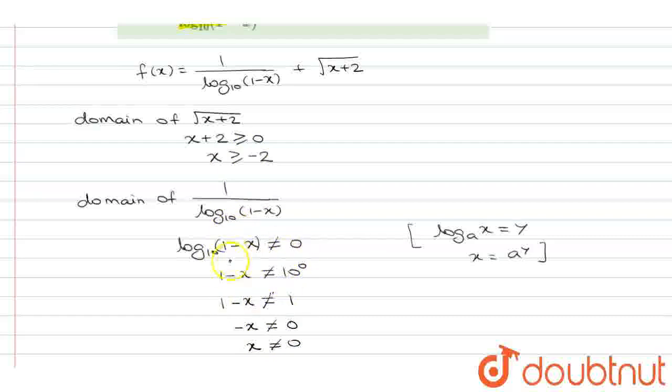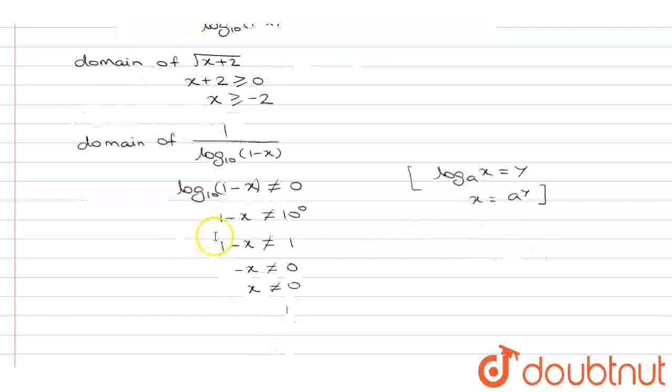The second condition is that a logarithmic function exists only for positive real values. So the domain of this function will be all real numbers which satisfy the condition that 1 minus x should be greater than 0, as a logarithmic function does not exist for negative values.